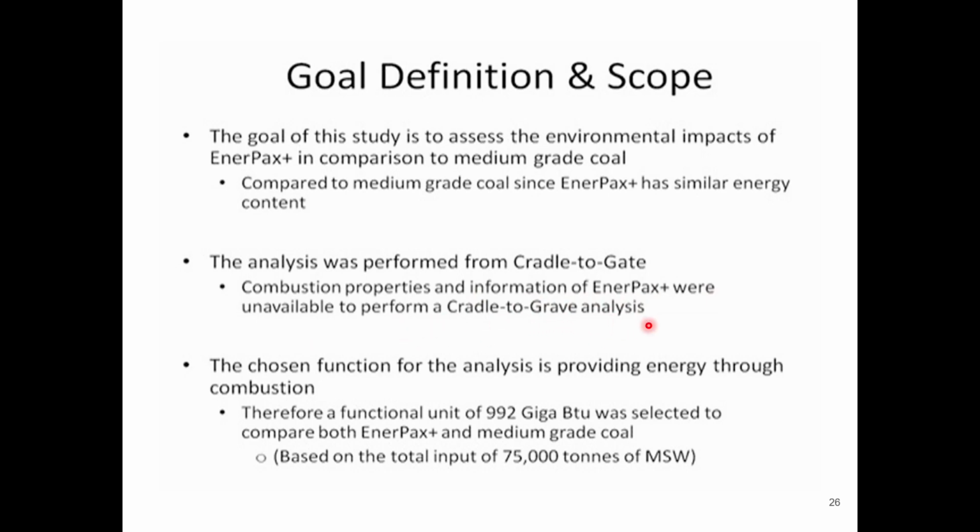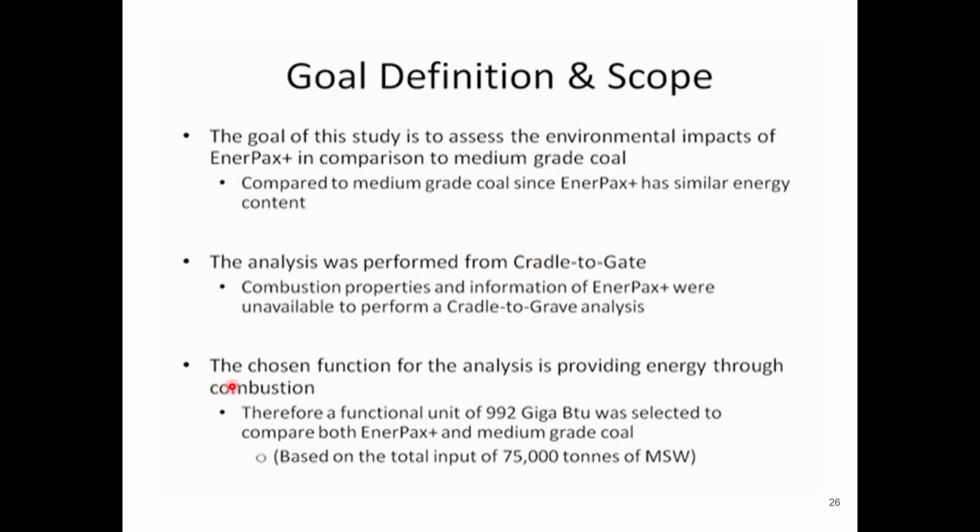So it is the best analysis, but if all the information related to combustion, properties and disposal of NRPX Plus, the last stage basically, is not available, then the analysis has to be performed from cradle to gate.